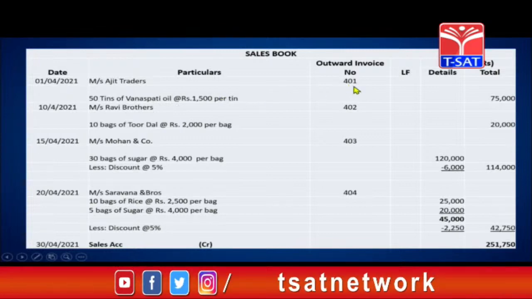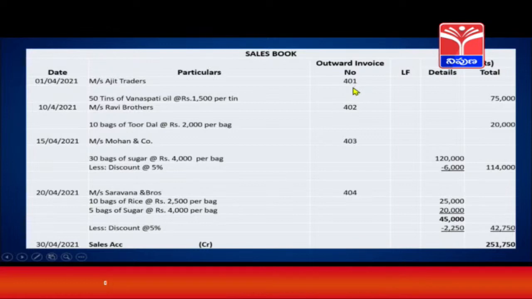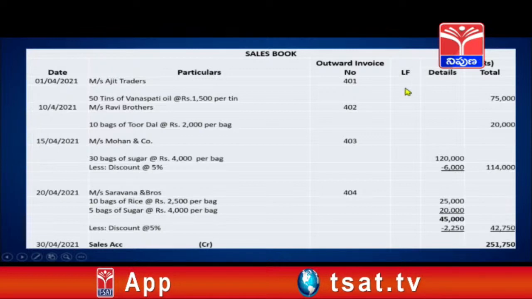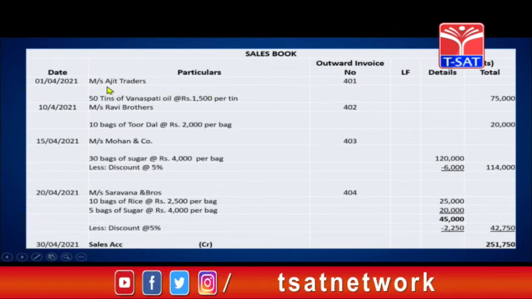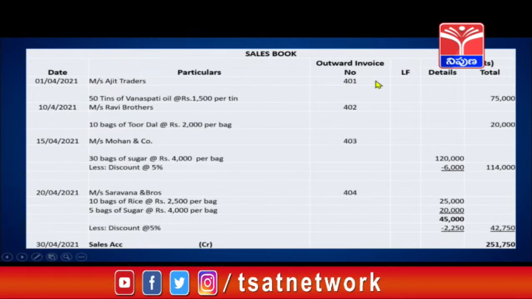You should also mention the outward invoice number which is issued at the time of this credit sale. Then LF column is left blank here. Here you should mention the page number of the ledger in which you are writing Ajit Traders account.